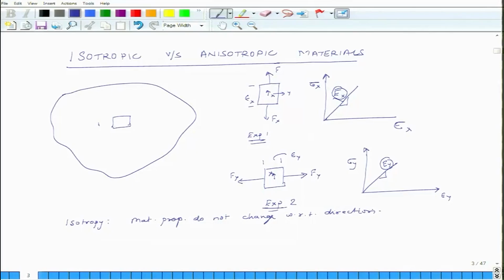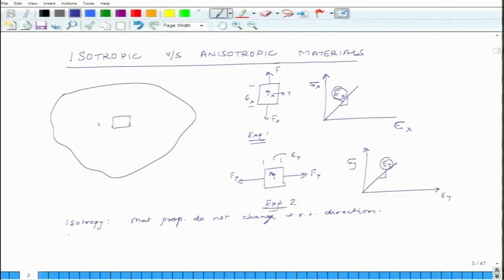So, a material can be homogeneous but anisotropic, a material could be homogeneous and isotropic, a material could be non-homogeneous or inhomogeneous and isotropic, or a material could be inhomogeneous as well as anisotropic. Okay. So, material properties do not change with direction.